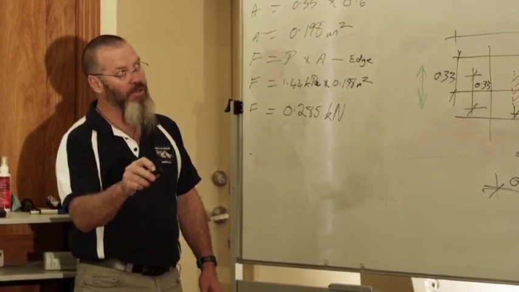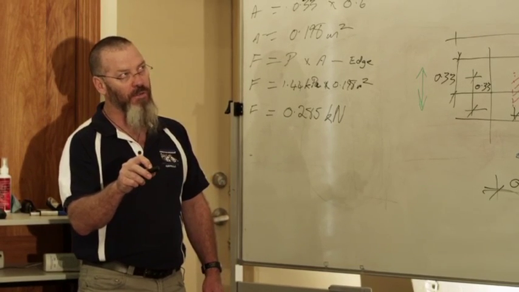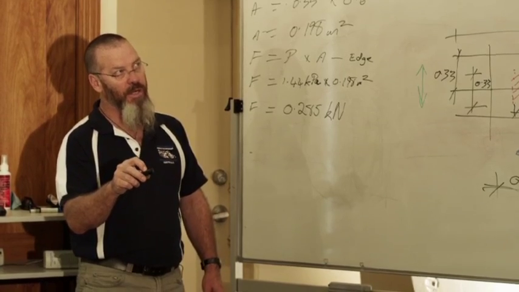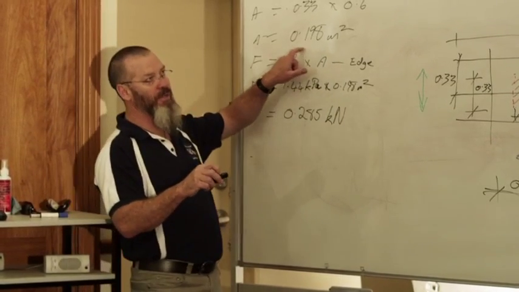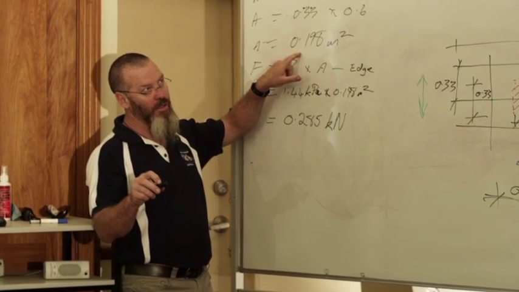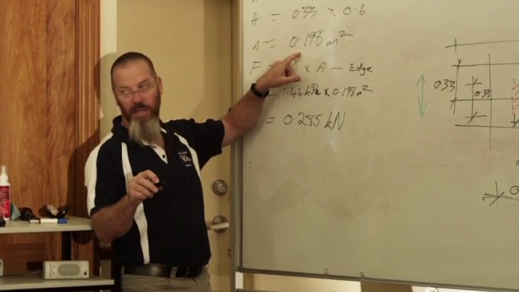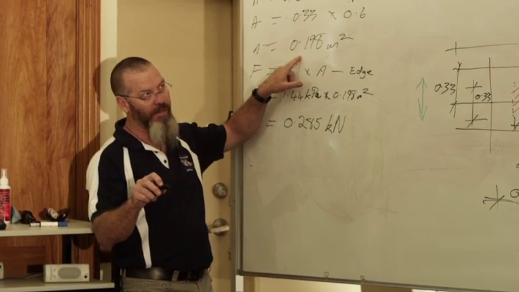Now, because we've got to do general area connections, we then go back and do this force equals pressure times area thing. We already know that the area is 0.198 square metres. So you do this calculation again. When you go to table 9.5, the pressure for general area is 0.58.